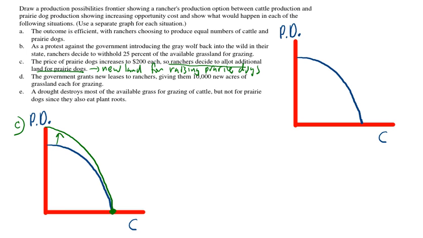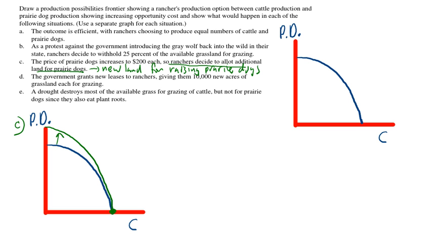So basically we've increased our ability to produce prairie dogs. For this number of cattle, I used to be able to produce this many prairie dogs, but now I can produce more. For this number of cattle, I used to be able to produce this many prairie dogs, but now I can produce more. And obviously, if I don't use any land for cattle, I can do a lot more prairie dogs. Still having a little trouble with that one? No, I got it.